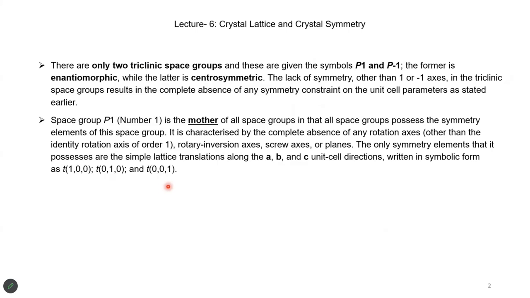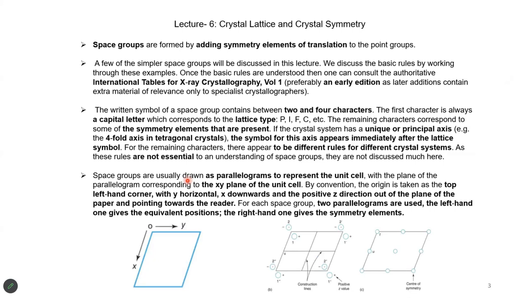If we go for the next space group, we need to know some specific rules about how to explain space groups. These rules are written in the International Tables for X-ray Crystallography, Volume 1. It is suggested that a new learner should see only the early edition of this volume.